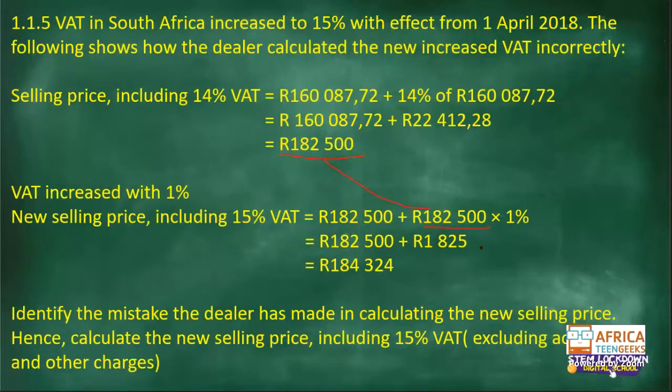So he actually calculated VAT on VAT, because this is now a VAT inclusive price. It's inclusive of 14%. This one here, the calculation we're done with. So when he did this calculation, he was calculating VAT on VAT, and that was wrong.